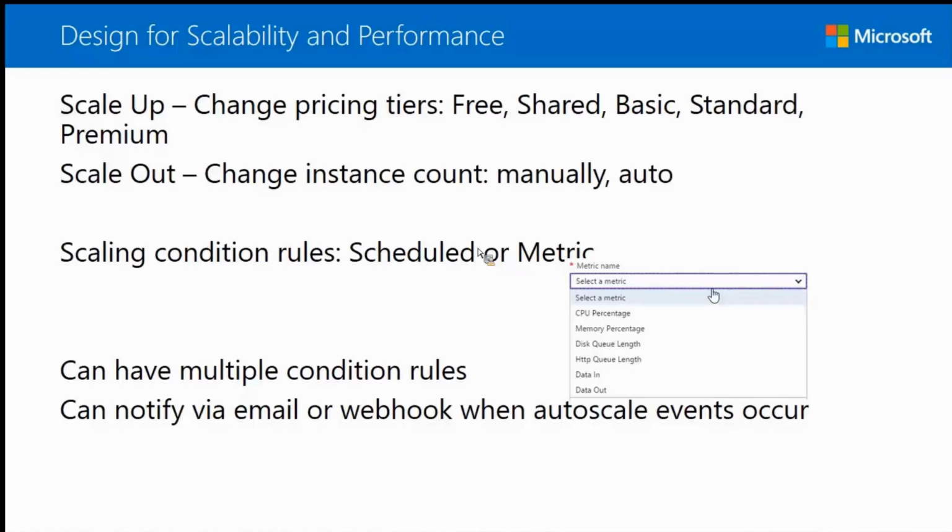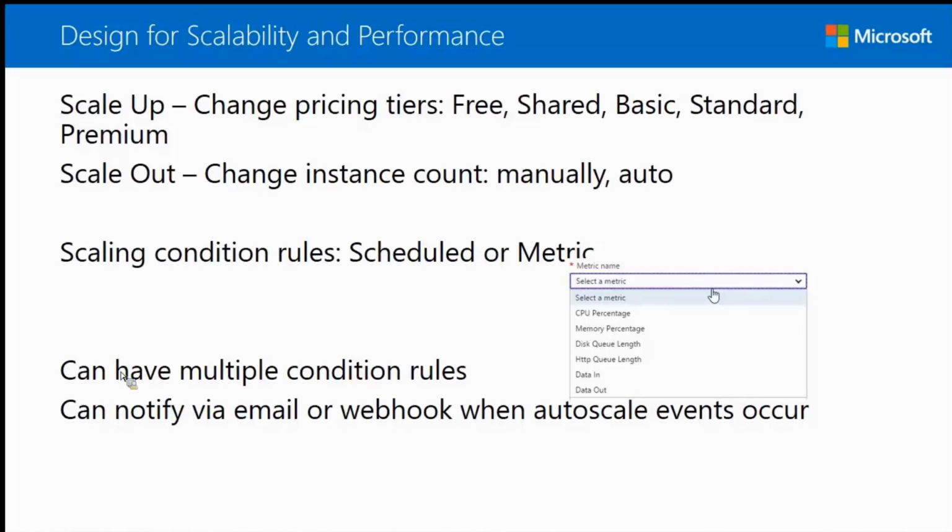You can automatically sense low performance or low CPU utilization, decrease the instances of your web application, return to your original value, and try to save cost by doing that.